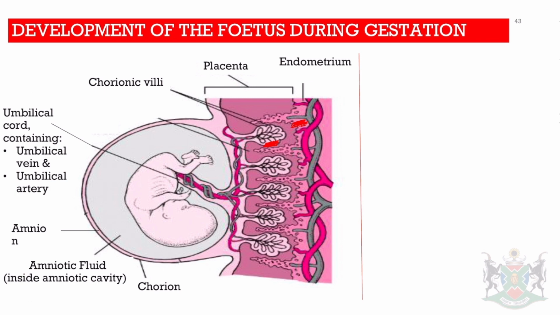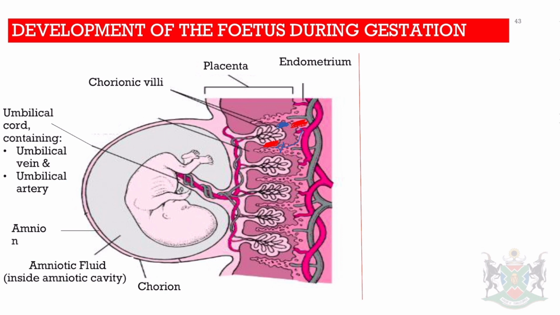So, the substances that move from the mother to the fetus move by diffusion. They move by diffusion from an area of high concentration from the maternal blood of the mother, to low concentration in the chorionic villi, which is the fetal blood, and vice versa.